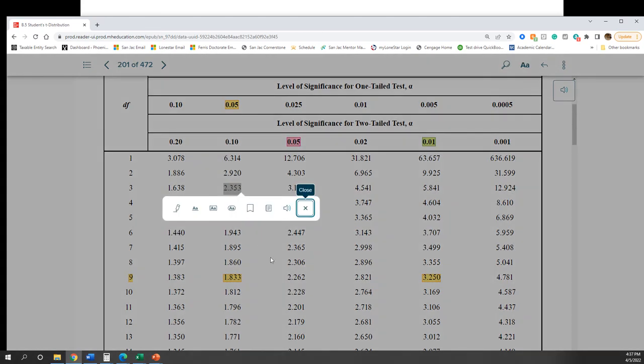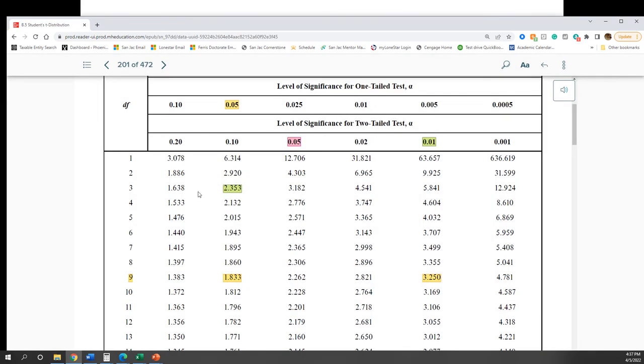So here's our t value, because it is one-tailed. And then we find our p-value, which is going to be somewhere way over here, between 0.01 and 0.001.